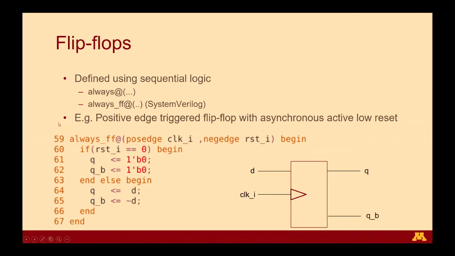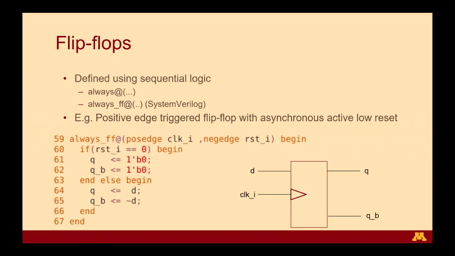As I mentioned before, it's very similar between combinatorial logic and latch-based or flip-flop logic. SystemVerilog has introduced keywords, for example always_ff, which explicitly tells the synthesis tool that you should interpret this only as a flip-flop and nothing else.